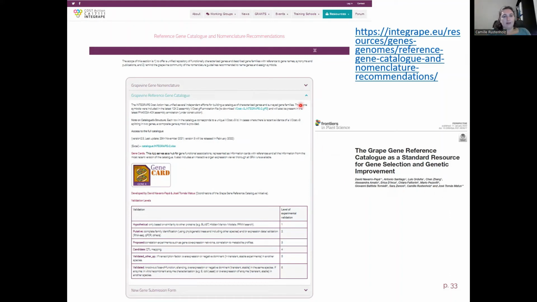They looked at all the grapevine literature to find the genes for which the community has expertise and a validated function, at different validation levels, but still genes for which we have information about the function.